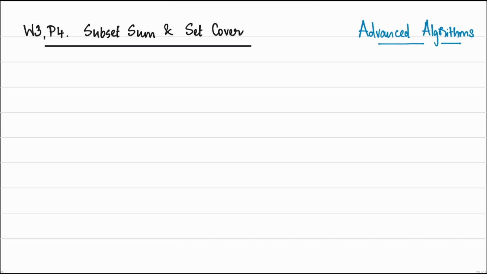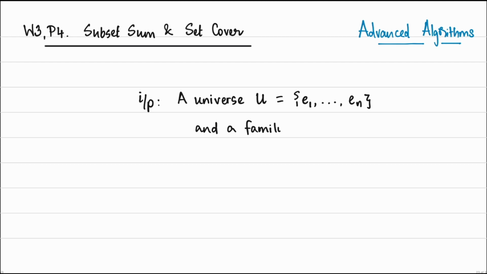So what is the set cover problem? In set cover, our input is a universe U and a family F. You can think of the universe as being a collection of n distinct elements.